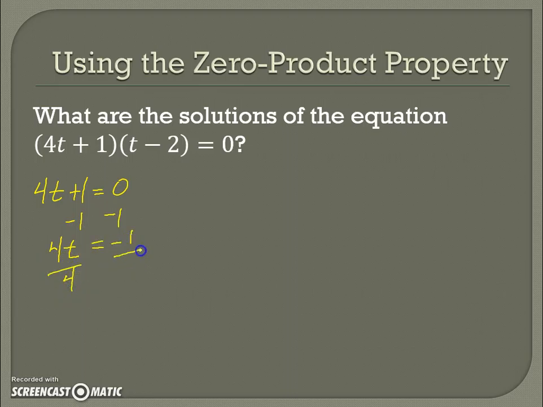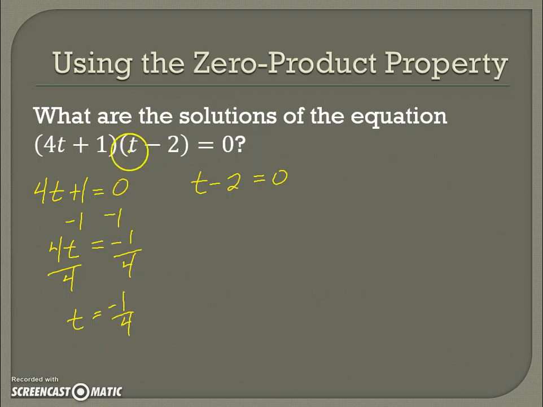Divide by 4, and t equals negative 1/4, or I get t minus 2 equals 0. If this makes this 0, it doesn't matter what happens in here because this is going to be multiplied by 0, which makes the whole thing 0. So I want to know what are the values of t that are going to make one of these 0.